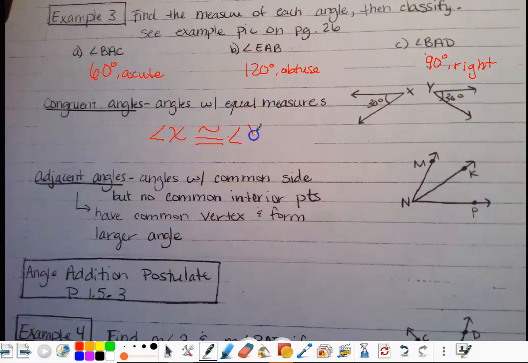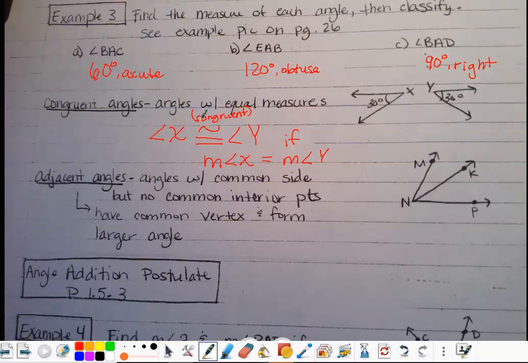Angle X is congruent to angle Y if the measure of angle X equals the measure of angle Y. So I'm just restating what the definition says in mathematical symbols. Angle X is congruent to angle Y if their angle measures are equal. What's the M? M stands for measure.